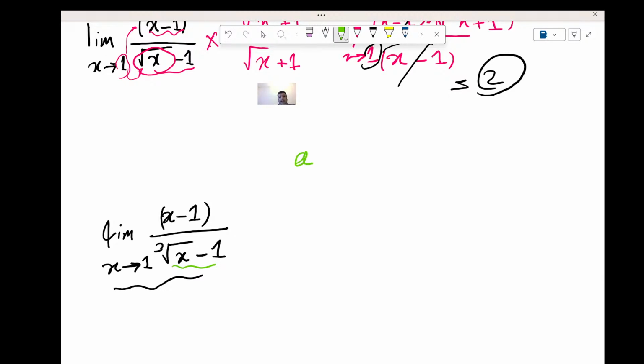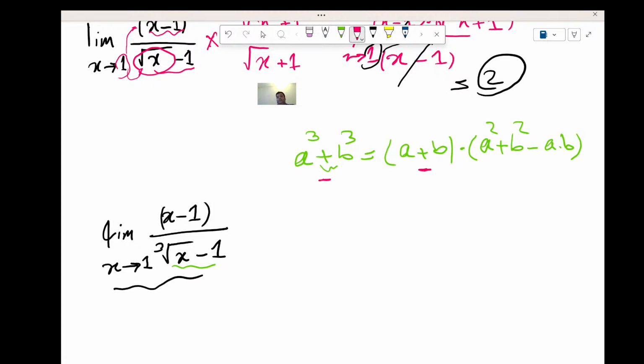What is that exactly? a power 3 plus b power 3 is exactly (a plus b) times parenthesis a power 2 minus a times b plus b power 2. If the sum is positive, we must add minus a times b. Yes? Tell me, the sign here is minus, but in the last term it is positive.